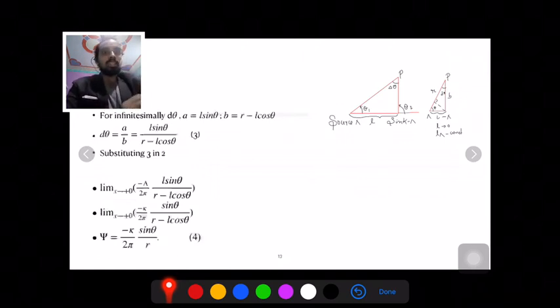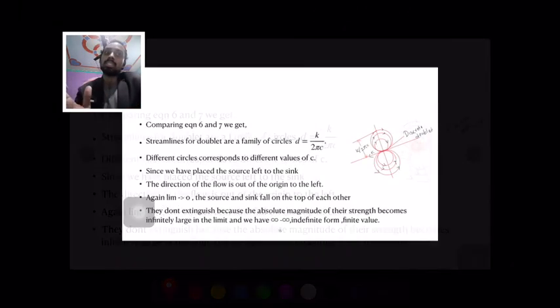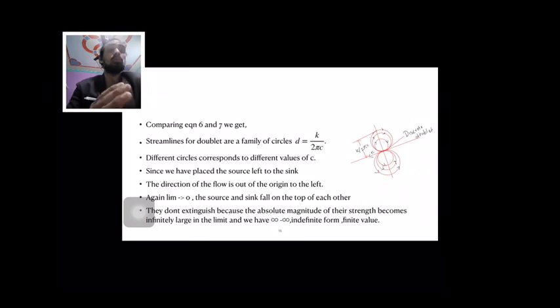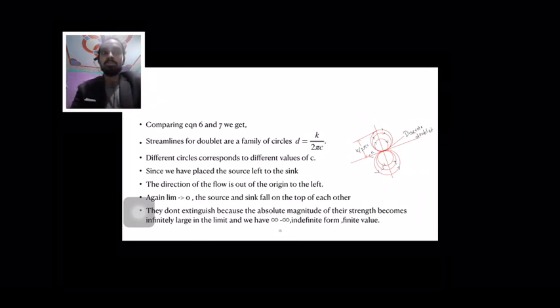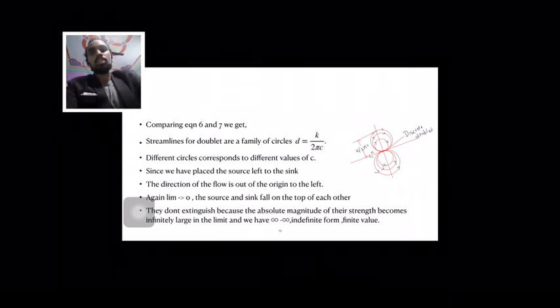This means that the source and sink will fall on top of each other, but the result will not be equal to 0 because their strength is going to become infinitely large. That means it will be an indeterminate form, and this will have a finite value. So basically it will not be equal to 0. At that point del dot P is nothing but infinite, as I told you in the beginning.